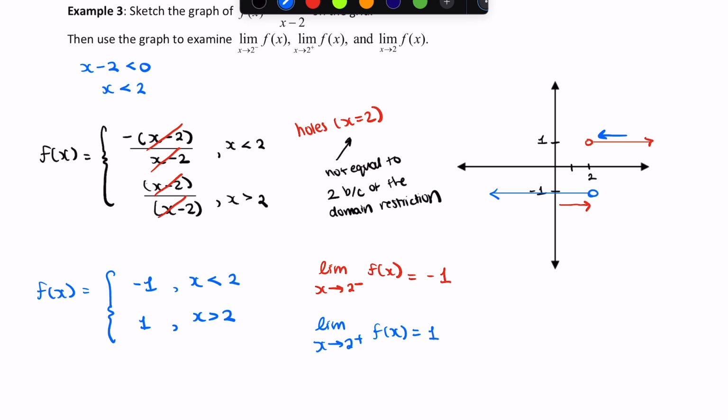And remember, one of our criteria for these limits was that the left-hand limit and the right-hand limit have to be equal for the limit to exist. In this situation, they do not, and therefore the limit as x approaches 2 of this function does not exist.